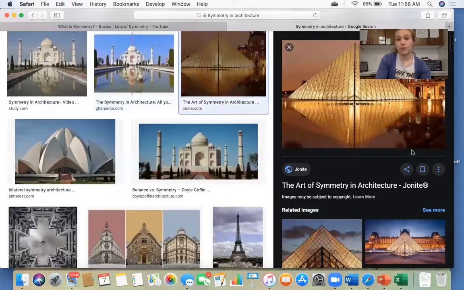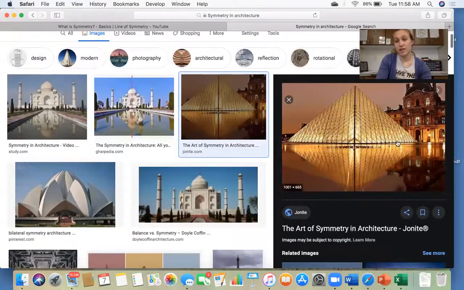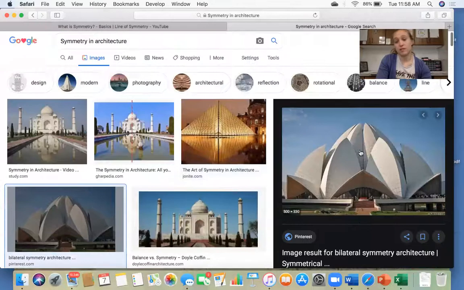Here's another example of symmetry in architecture. If you flipped this side to this side, they would match completely. Here's another, more complex one, the Sydney Opera House, I think. And so it mirrors the same side. It has exactly the same sides.